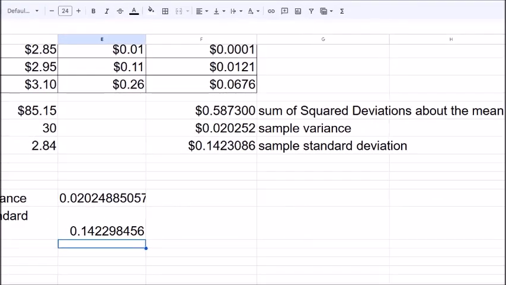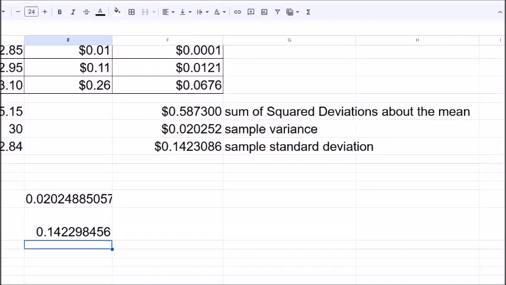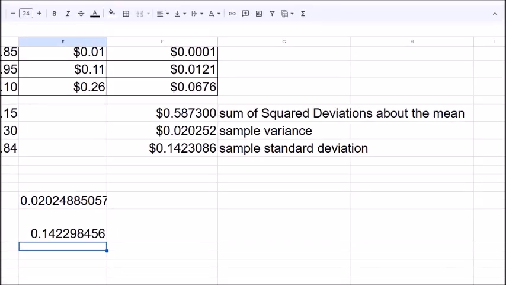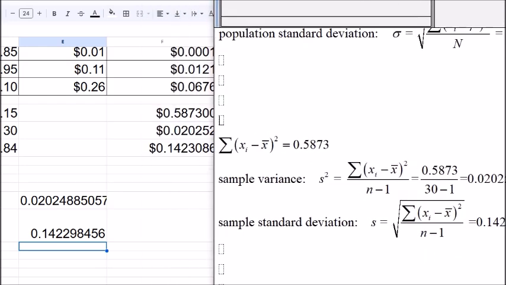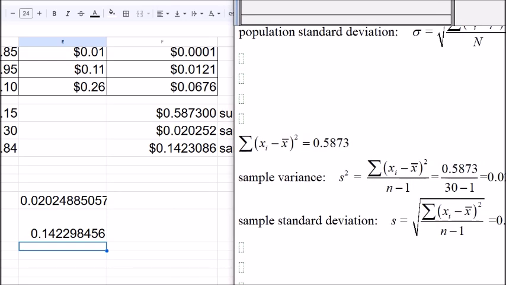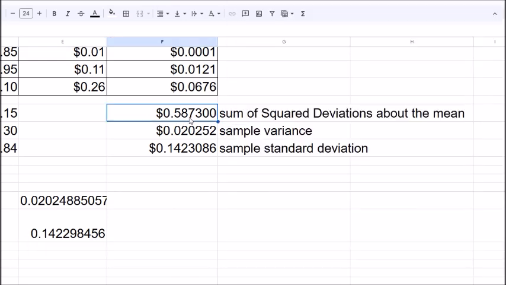And now let's talk about mathematical notation. This value right here is the sum of squared deviations about the mean.